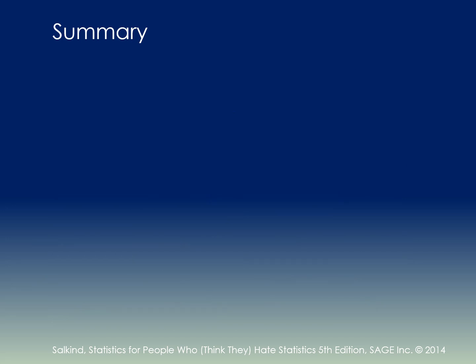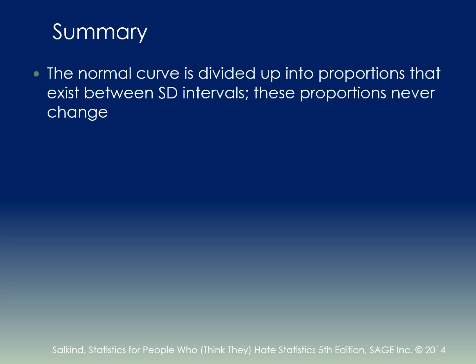So carrying on with our summary here, the normal curve is divided up into proportions that exist in between these standard deviation intervals. For example, we saw that between the mean and one standard deviation, that's where 34.1% of all the scores are going to fall. And these proportions in between these standard deviation intervals never change.